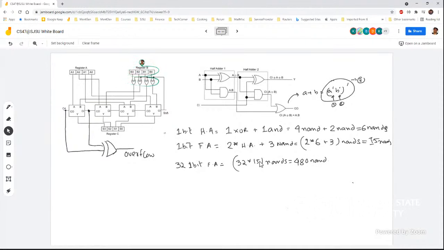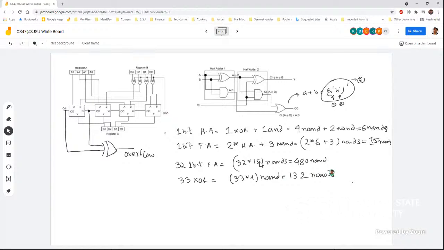Now we have XORs, like here is the 4-bit circuit, right? For 32, to make it an adder subtractor circuit, we need to add 32 XOR plus 1 for the overflow, total 33. So we have 33 XOR in that case, which is like 33 multiplied by 4 NANDs, which equals 132 NANDs.